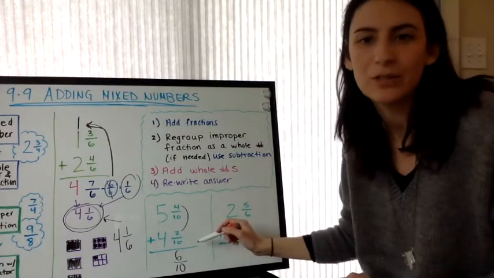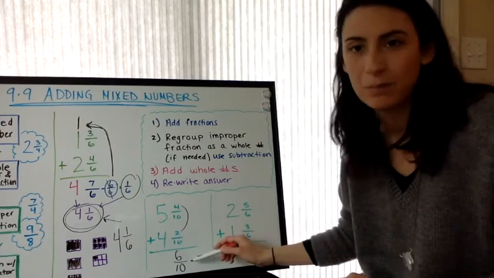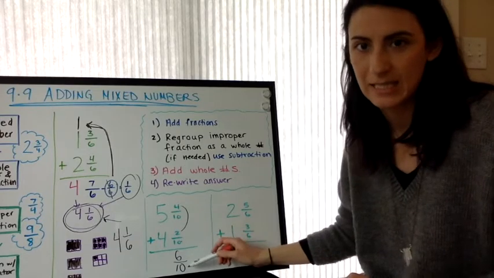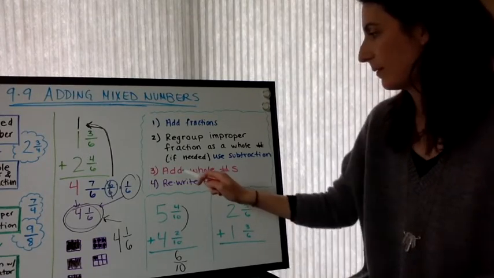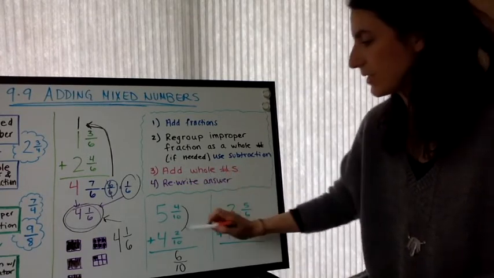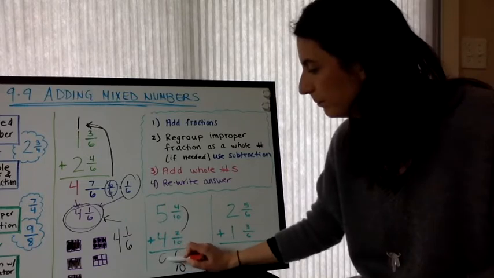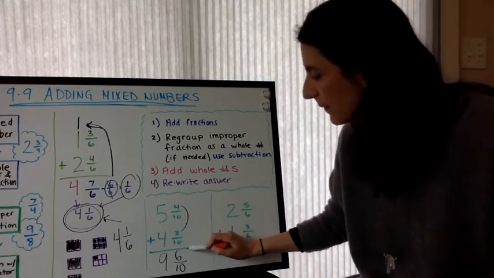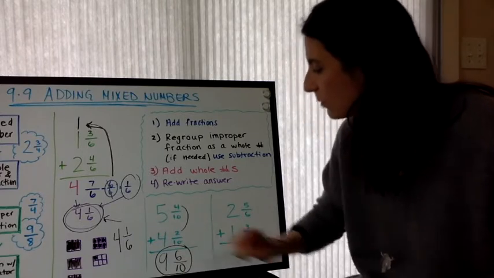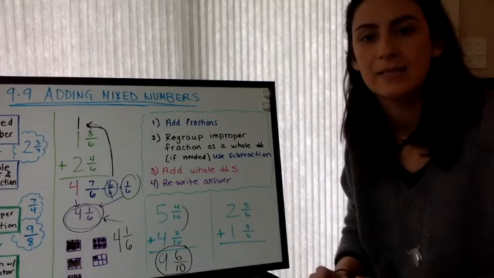I don't need to regroup because I don't have an improper fraction. 6 is less than 10, so this fraction is good to go. I can leave that just as is. My next step is adding my whole numbers. 5 plus 4 is 9. I can rewrite my answer if I need to. On this one I actually don't, so I'm just going to circle my final answer, 9 6/10.